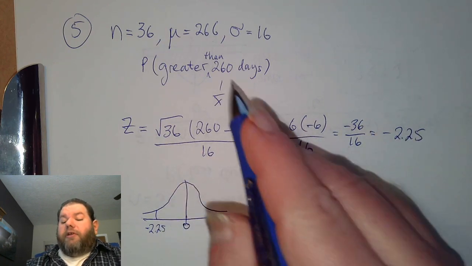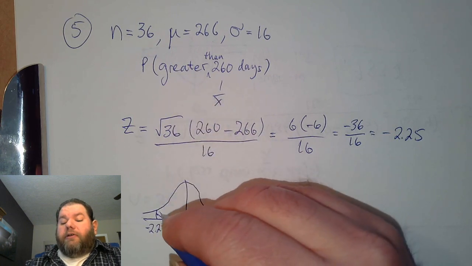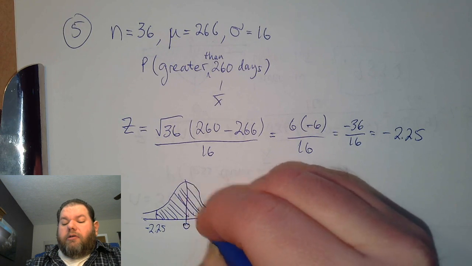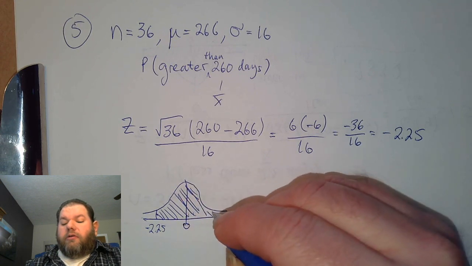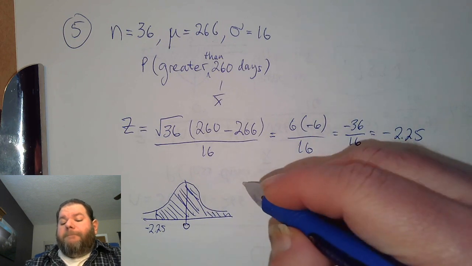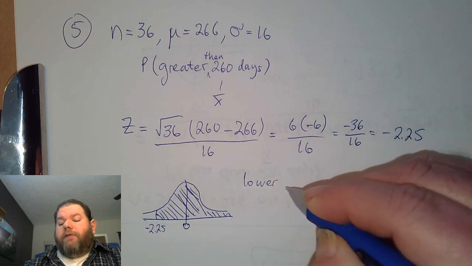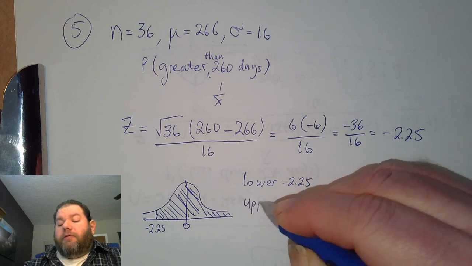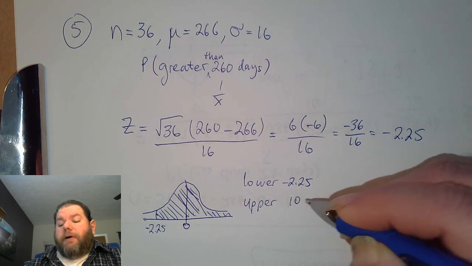Greater than would be to the right. So we're going to have a probably even larger number here than we had in number 4. Our lower bound is negative 2.25, and our upper will just go all the way to positive 10.